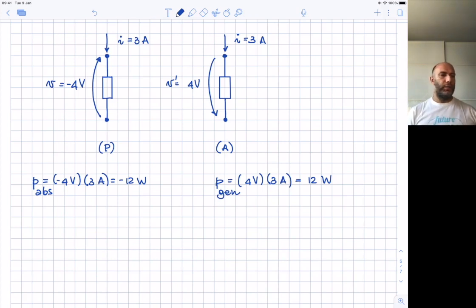So, even if we have changed the convention for studying the component, we have obtained the same information from this analysis, because in the first case, we say that the component is absorbing a negative power. So, from a practical point of view, the component is supplying power to the rest of the circuit because it is absorbing a negative power.